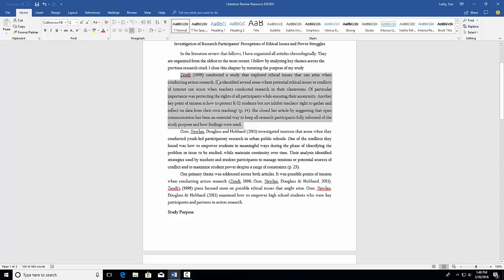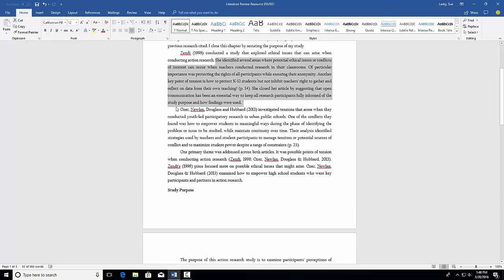And you'll see here that Zendi 1998 conducted a study that explored ethical issues that can arise when conducting research. I have paraphrased the purpose of her study. What follows is only identification of key findings. Nothing about the methodology, how she went about collecting the data, none of that, just the key findings.